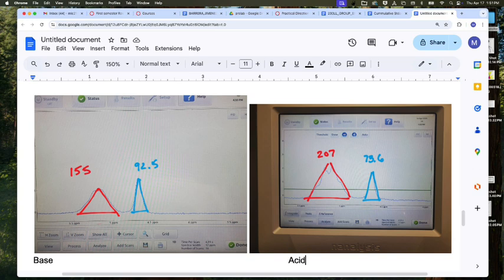What's the next thing we need to create? A ratio. So 155 divided by 92. And the next one?